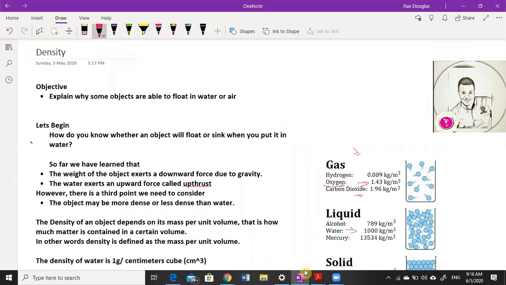And now if you look at these values, the density of water is 1,000 kilograms per meter cubed. Clearly we can see that this density value far outweighs the density of gas. And we can look at it from our molecules, how they behave inside of a container. So imagine you have a boat. I'm just going to stop writing on my screen because I don't want it to mess it up.